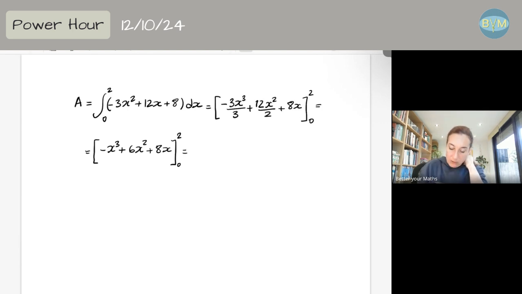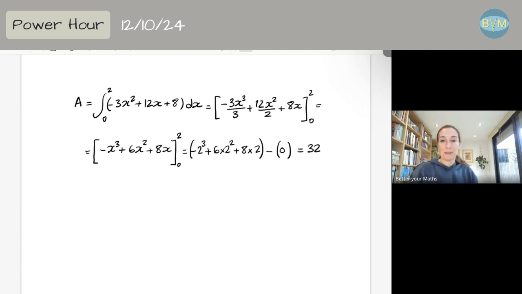So we substitute the 2, and we have minus 2 cubed plus 6 times 2 squared plus 8 times 2 minus 0. It's worth writing the 0 so they see that you have substituted the 2 and then the 0, yeah? What about everyone else? Did you get 32? Yeah. So I get 32. Everyone gets 32, I think.